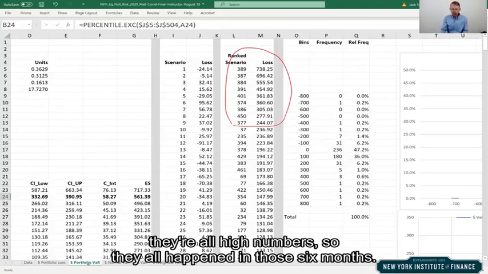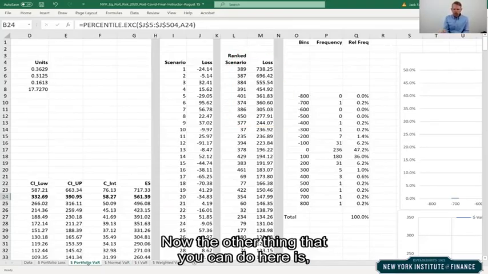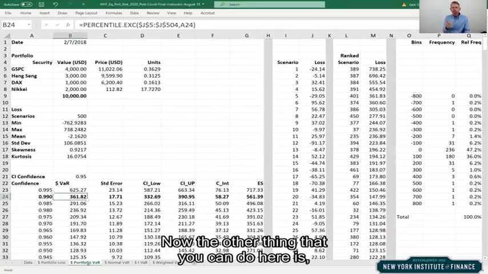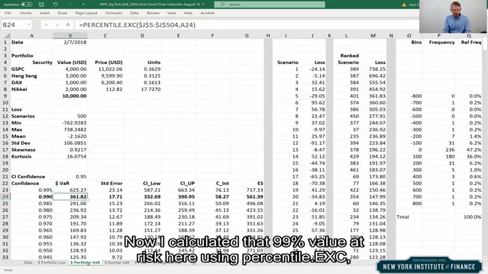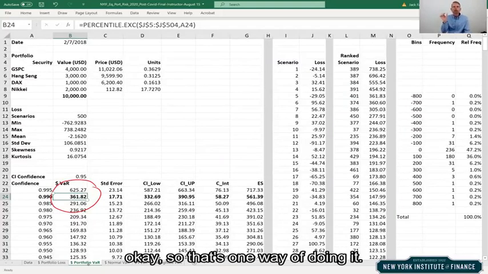Now, the other thing that you can do here is we calculated earlier a 99% value at risk. I calculated that 99% value at risk here using percentile.exe. Okay, so that's one way of doing it.